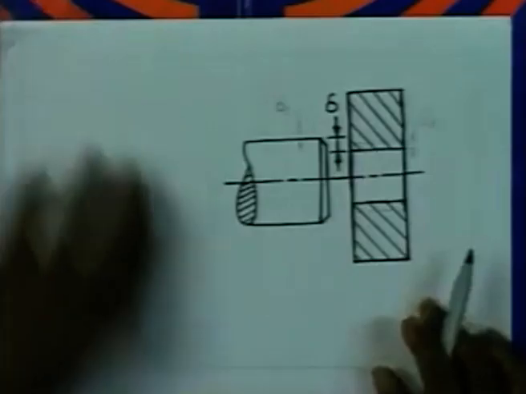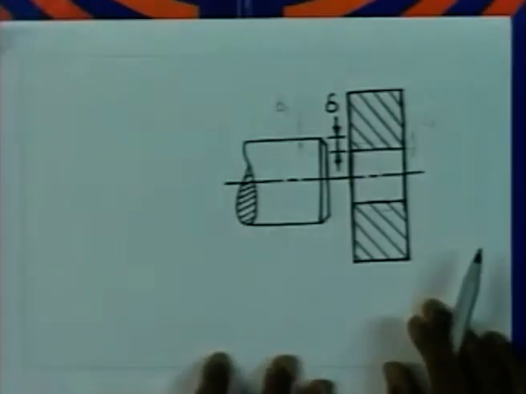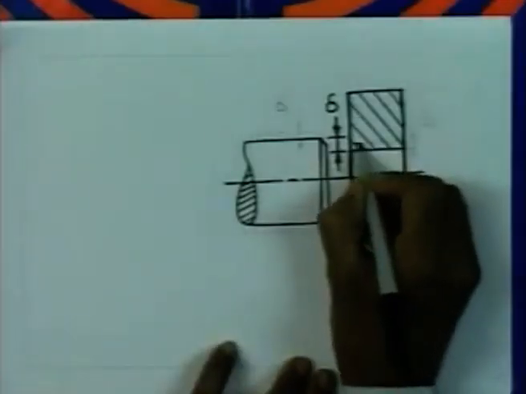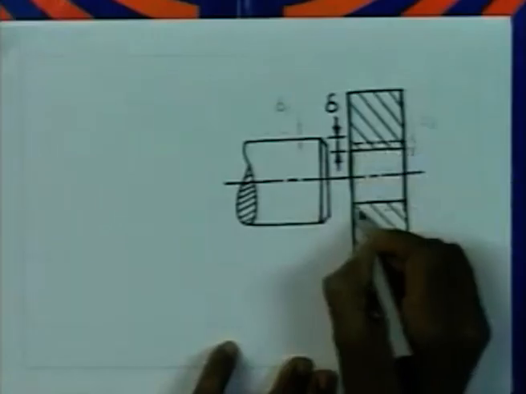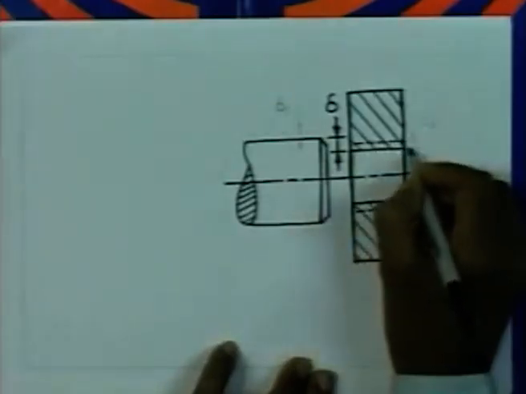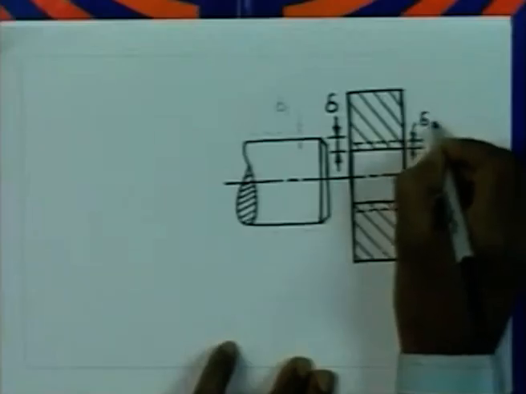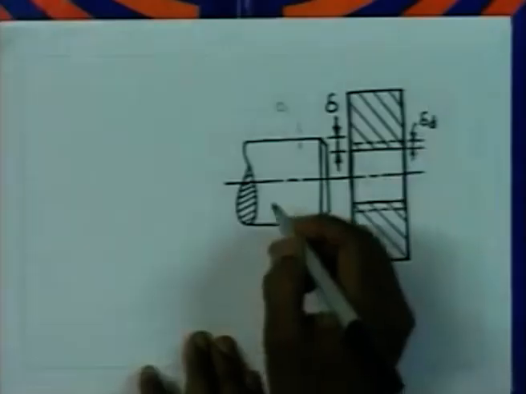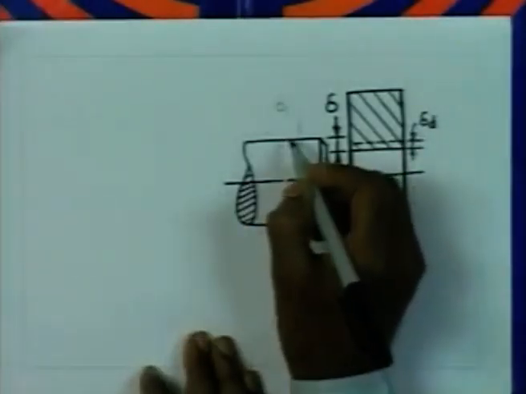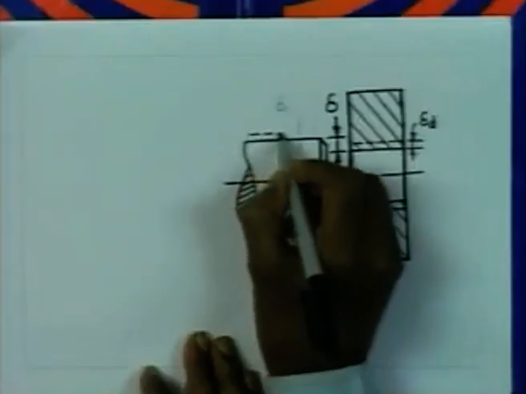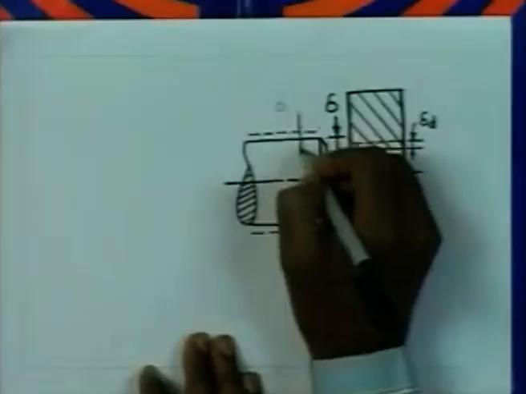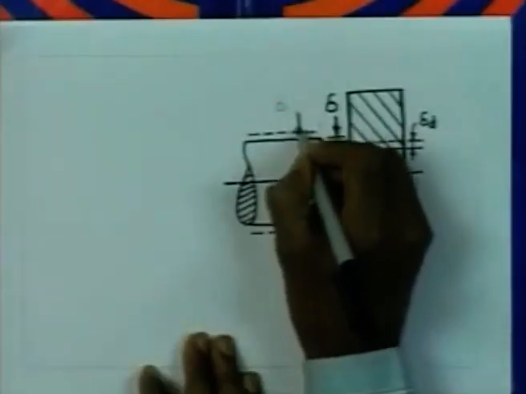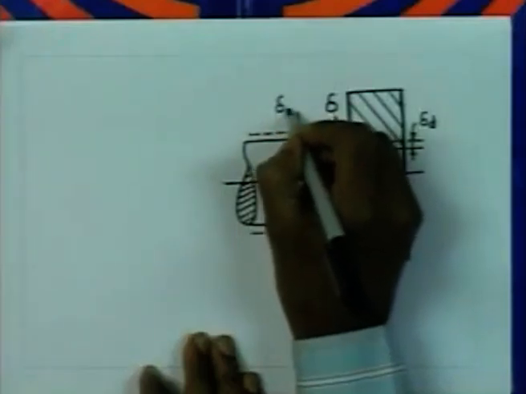When the two components are rotating independently, you can imagine that the inner radius of the disc is going to increase, and let us say that increase in radius is equal to delta D. Similarly, the shaft radius is also going to undergo change, and that change, let us say, is equal to delta S.